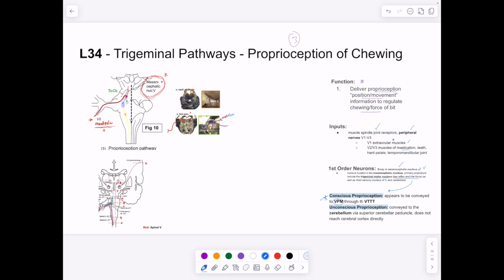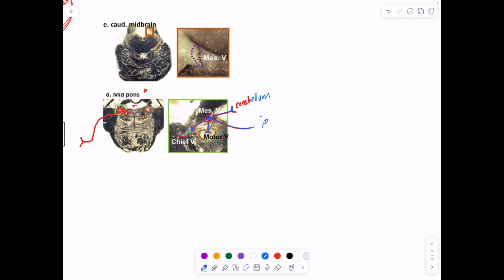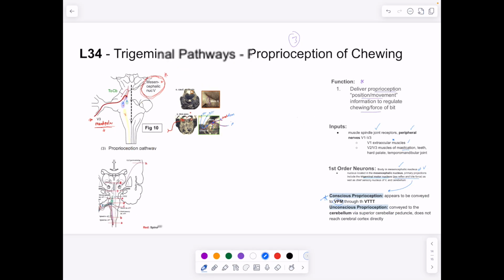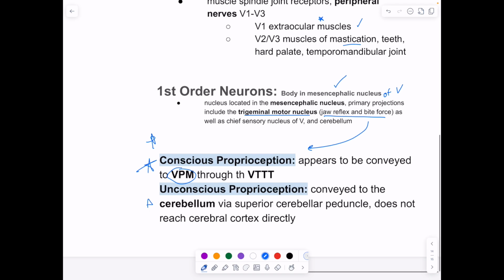So if we're going to send a pathway through VTT, say our first order comes in, mesencephalic, goes to chief, chief goes to VTT or DTT ipsilaterally, and so you could get conscious proprioception of chewing. Unconscious is conveyed to the cerebellum.